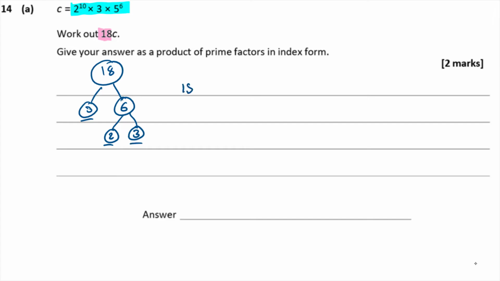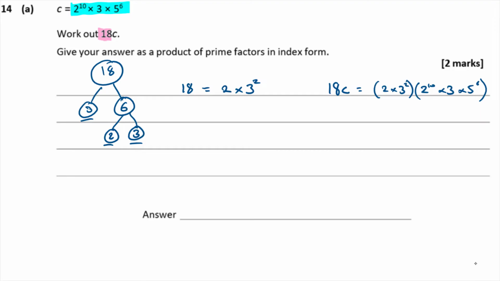So 18 could be written as 2 times 3 squared. Okay, so 18c could be written as 2 times 3 squared, for the 18, times 2 to the power 10 times 3 times 5 to the power of 6.